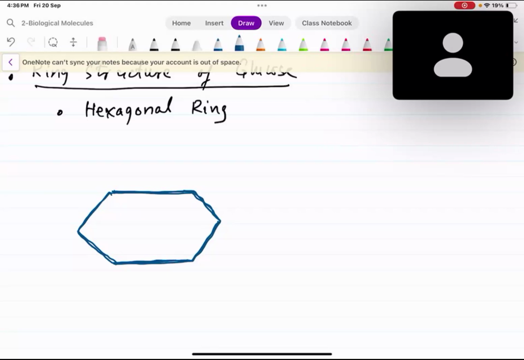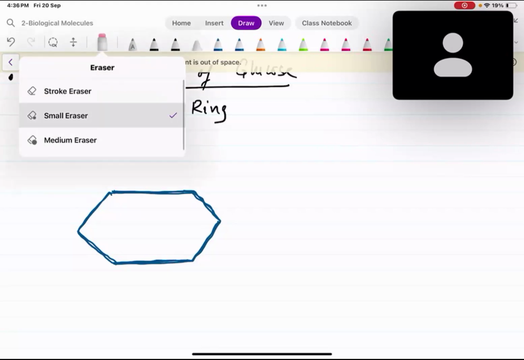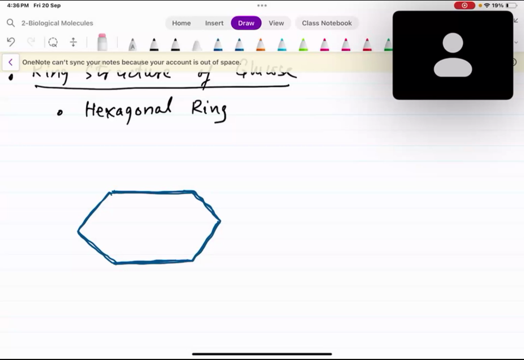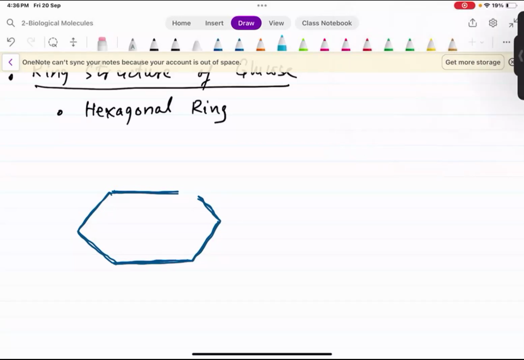And this has oxygen at this position. Here there will be oxygen, and here you will have carbon number 1. Here it is carbon number 2.